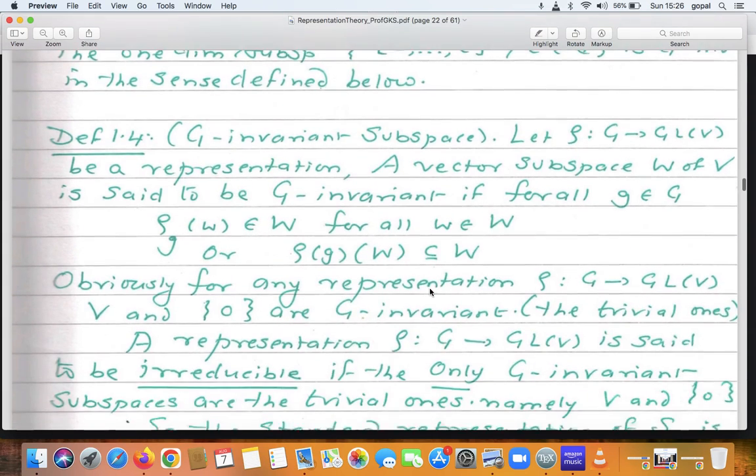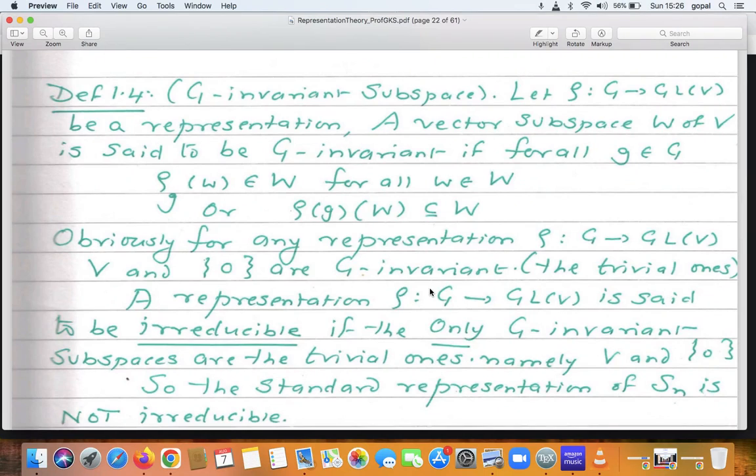So now let us formally define what a G invariant subspace is.